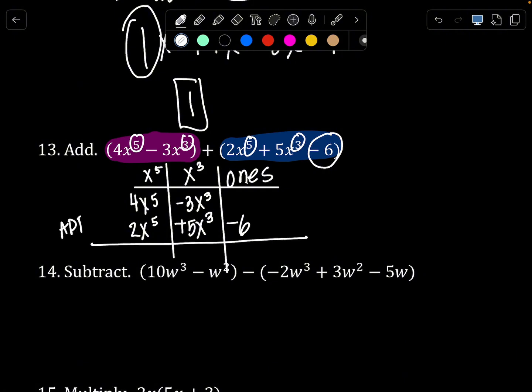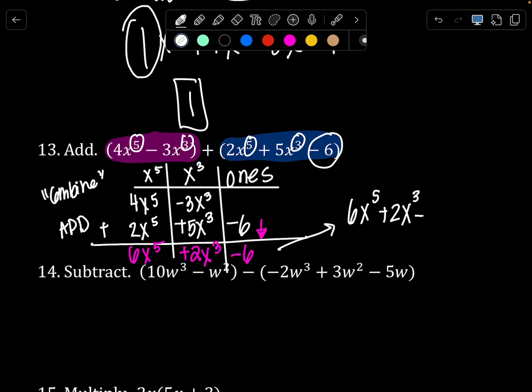And I add or combine like terms. 4 plus 2 makes 6, so we get 6x to the power of 5. Minus 3 plus 5, that is a plus 2x to the power of 3. And then minus 6, just bring it down. So your final answer is 6x to the power of 5 plus 2x to the power of 3 minus 6. Are there any questions?